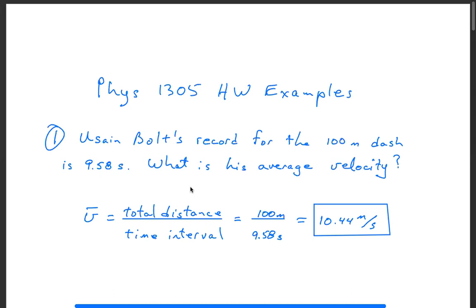Well, the average velocity is the total distance divided by the time interval. So that's 100 meters divided by 9.58 seconds. So it comes out to 10.44 meters per second. So that's how you get average velocity.